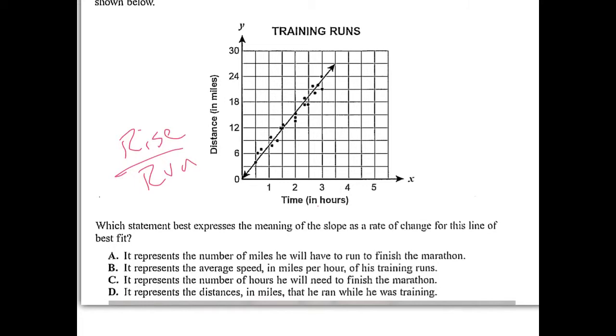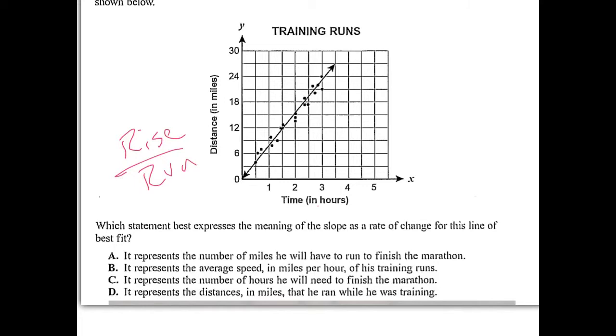If I measure rise over run of this line, distance over time, does that mean the number of miles you have to run? B says it will represent the average speed in miles per hour, distance per hour of his training runs. C says it represents the number of hours he will need to finish the marathon. Or D represents the distances in miles that he ran while he was training.